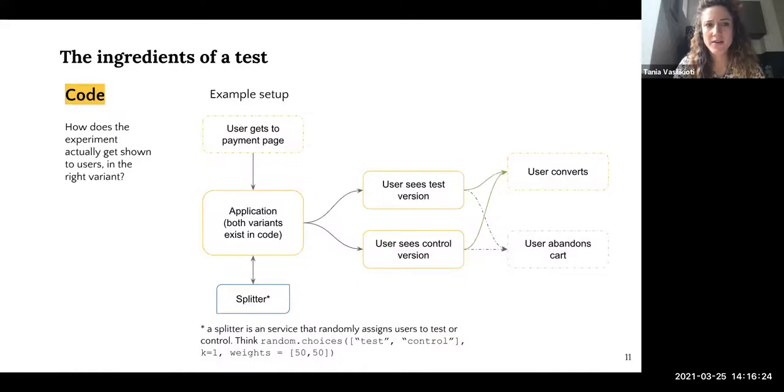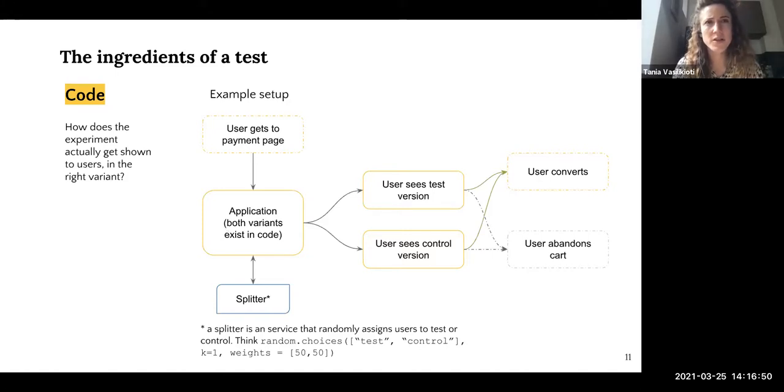So finally, after you have all of these ingredients, you need to actually implement the experiment in the code. An example setup: typically a user goes to the page where they're supposed to be treated with this experiment variant. And then we would usually make some kind of determination of which group the user should be in.